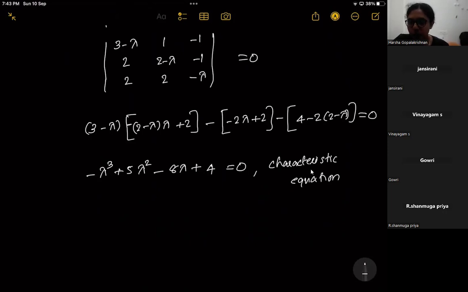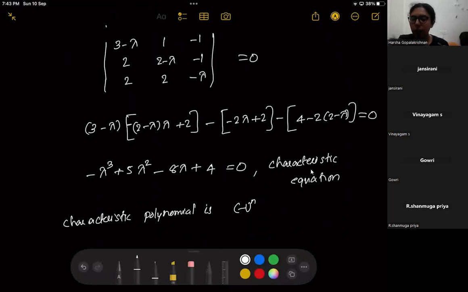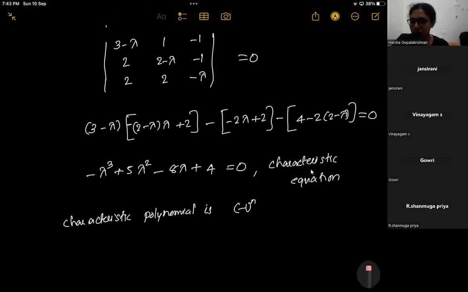And what is the characteristic polynomial? The characteristic polynomial should be a polynomial. It should not be equal to 0 or something.